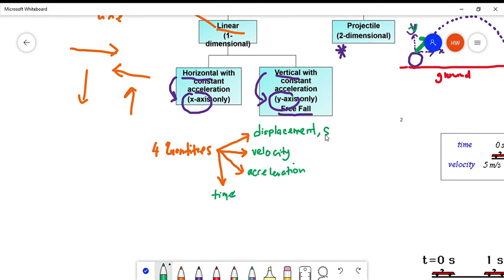The symbol for displacement is s. For velocity, in this chapter we use another symbol, u and v: v is final velocity, u is initial velocity, then acceleration a, and time t.